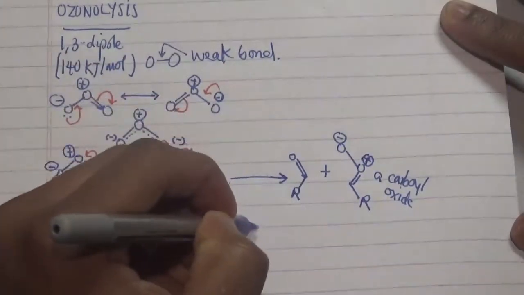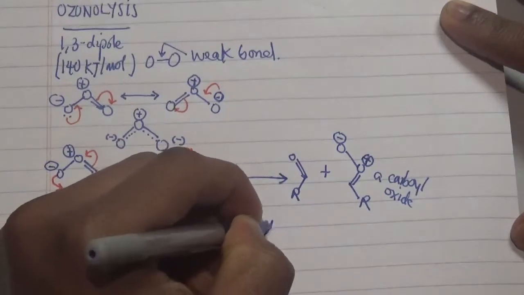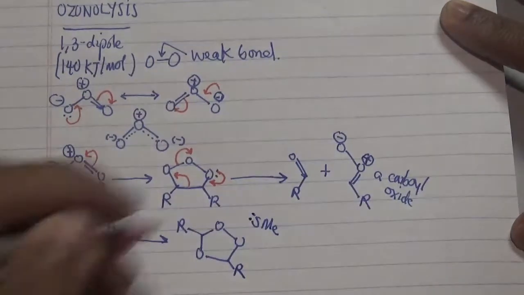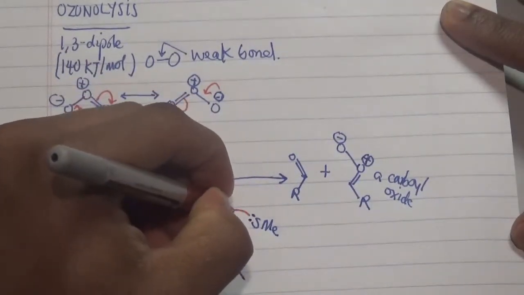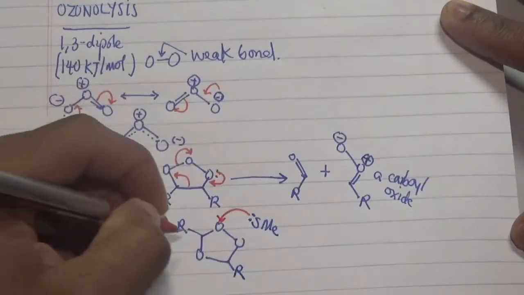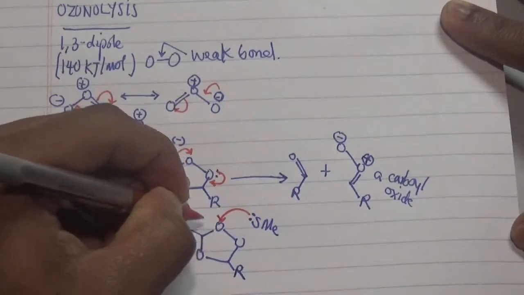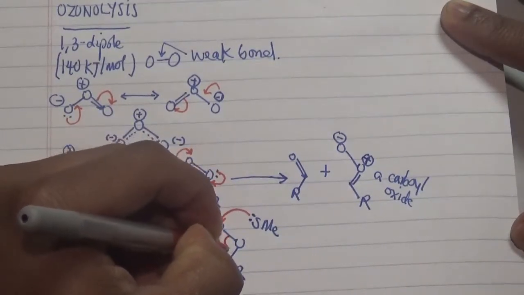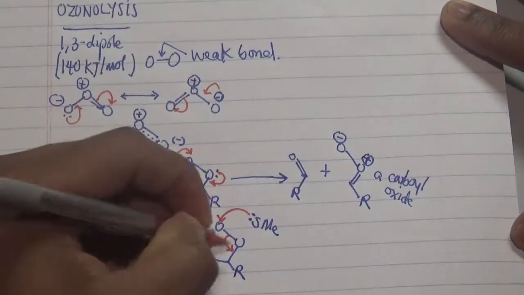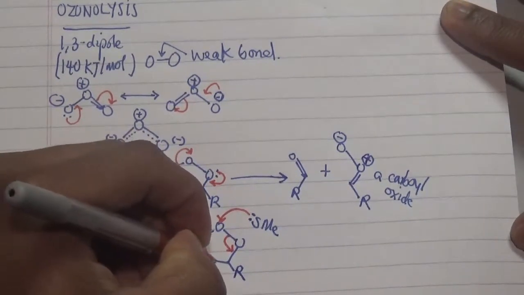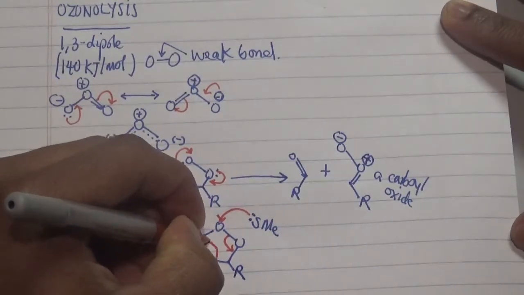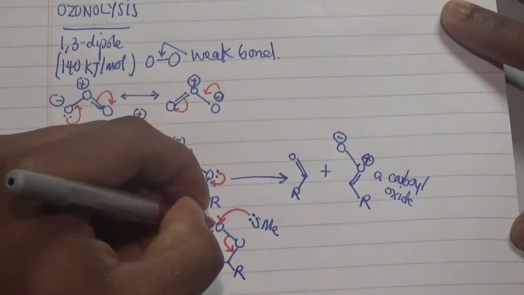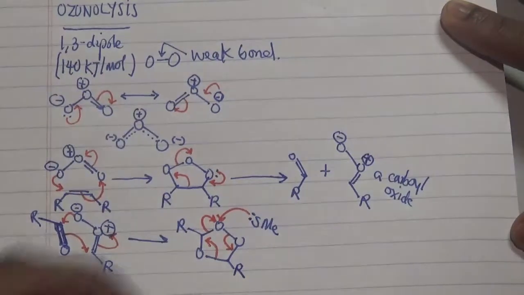So what happens in here is that we introduce sulfur, methyl, and the sulfur actually forms a bond with this oxygen, and as that performs, this oxygen bond, which is one of the weakest bonds here, cleaves off and forms a lone pair and forms a pi bond over here, and this bond cleaves off to form a double bond over here, and this bond cleaves off over here to reform our lone pair over here.